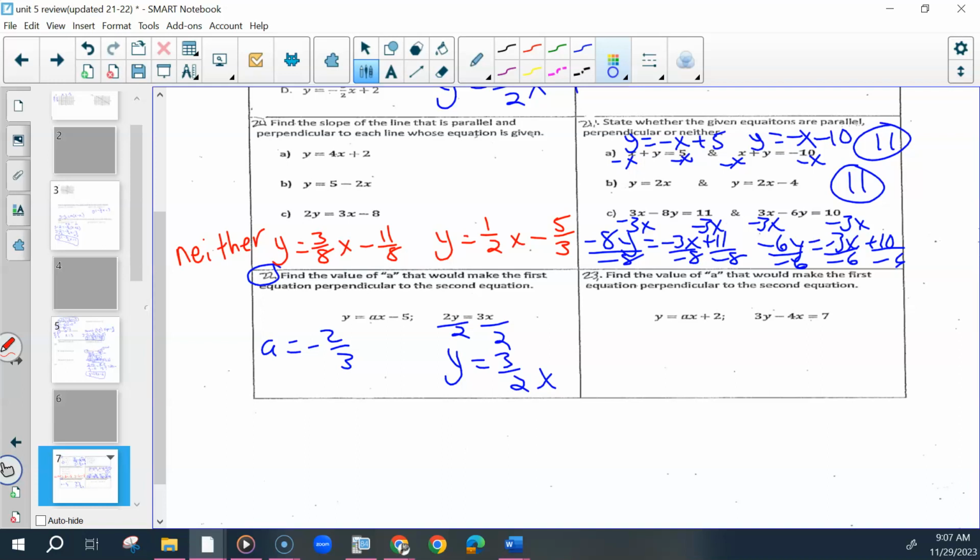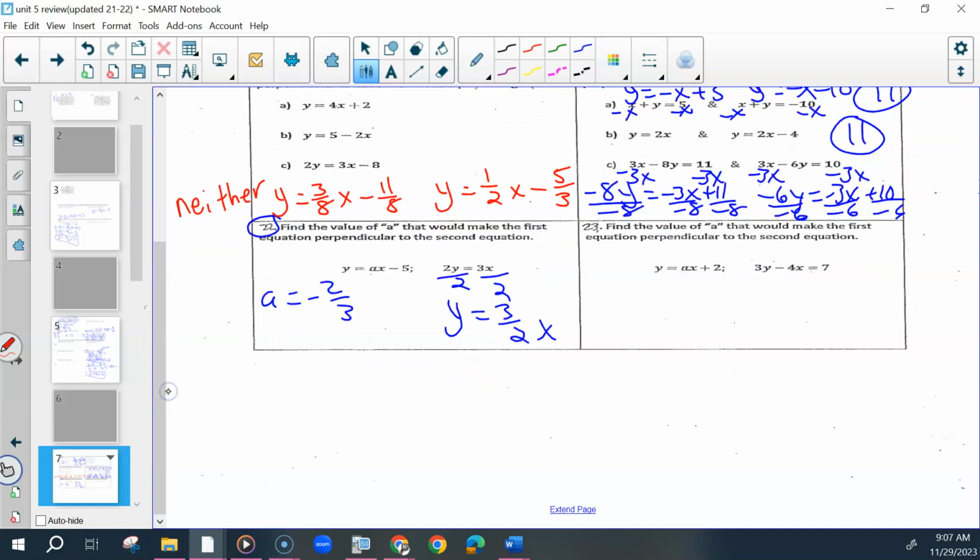Other questions on this page? So similar to 20, for 22, we have to solve the second equation. Add 4x to both sides. Divide everything by 3.